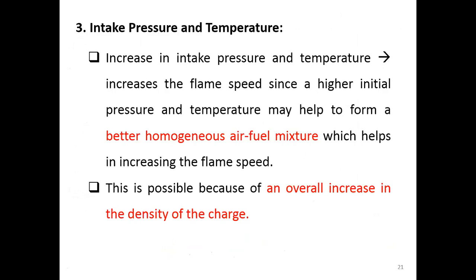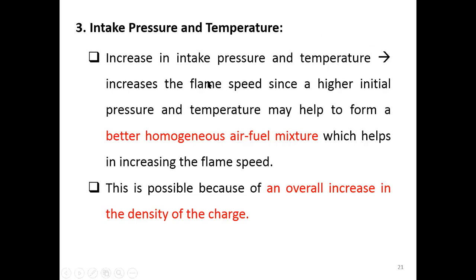Okay, the third one is the intake pressure and temperature. In fact, we did talk a little bit about this in the second parameter already, but we will talk more here. An increase in intake pressure and temperature helps increase the flame speed.